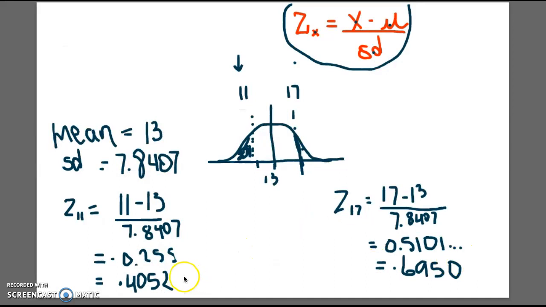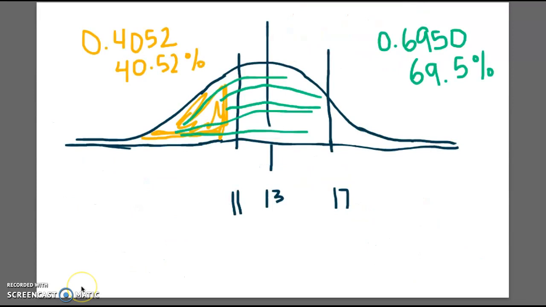So these two values here are basically areas. I'm going to go to the next slide and show you how that works. For my z-score of 11, from that table, it correlates to 0.4052. When we multiply that by 100, my percentage is 40.52%.